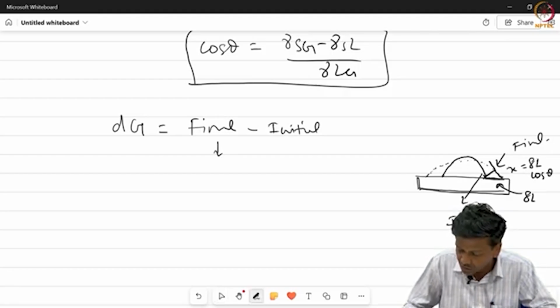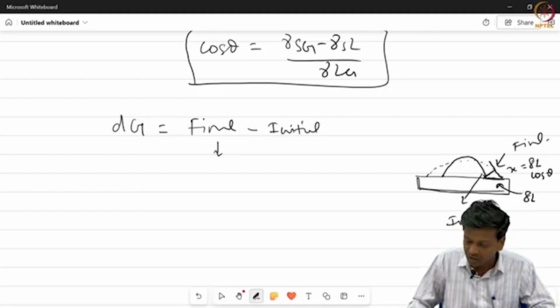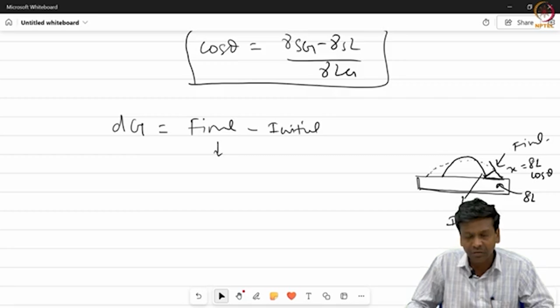So this part we also know. Because of the spreading, gamma SG is replaced by gamma SL, so that gamma SG is lost. At the same time, as the droplet spreads, new surface is created, so you will have a change in area associated with gamma LG. So you will have a component there, gamma LG delta L cos theta.